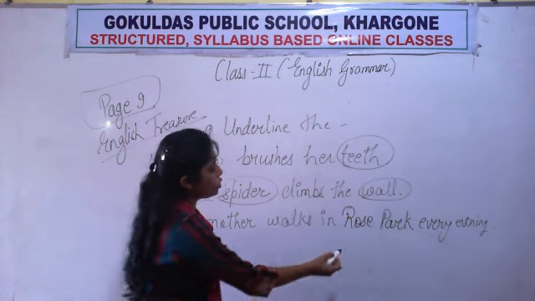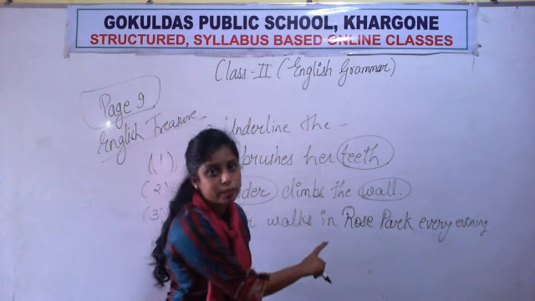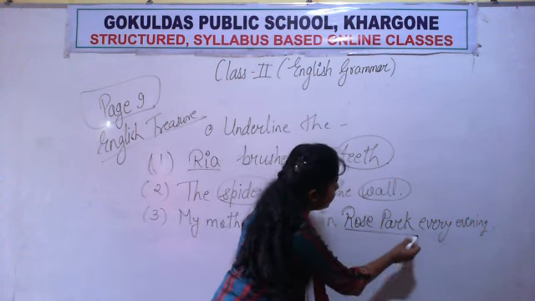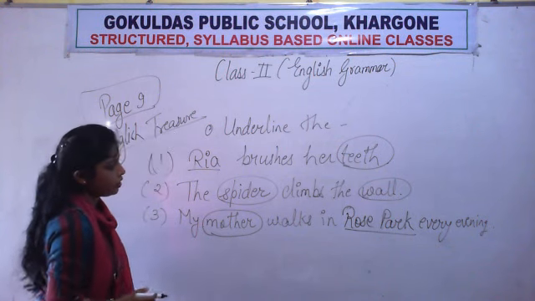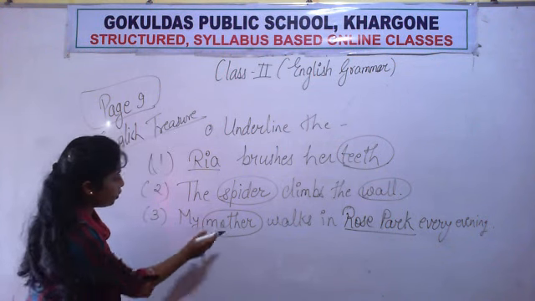Okay, so here Rose Park is a proper noun because it is a special name of a park, so we will underline it. Okay, and mother, the name of a person. Okay, so we will circle it because it is a common noun.